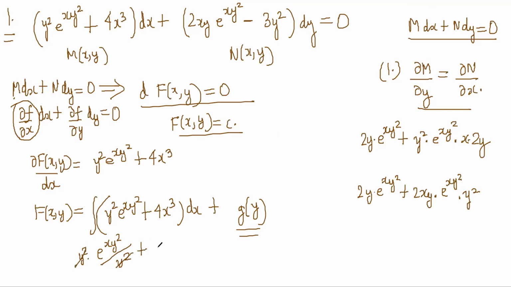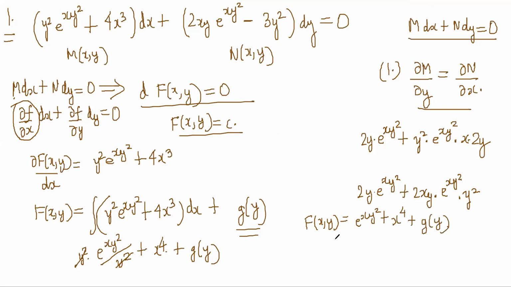Plus this is x power 4, plus g of y. So f of x, y is coming out to be e power xy square plus x power 4 plus g of y.